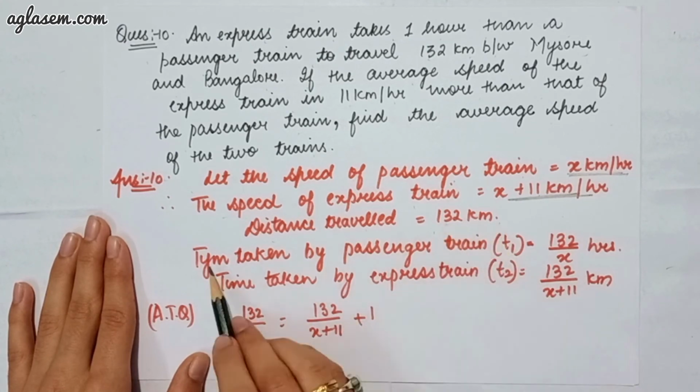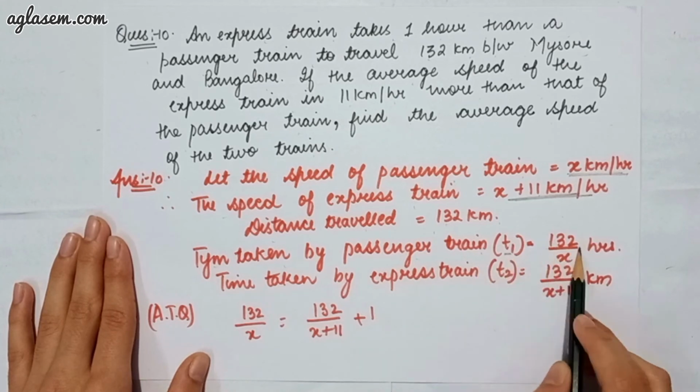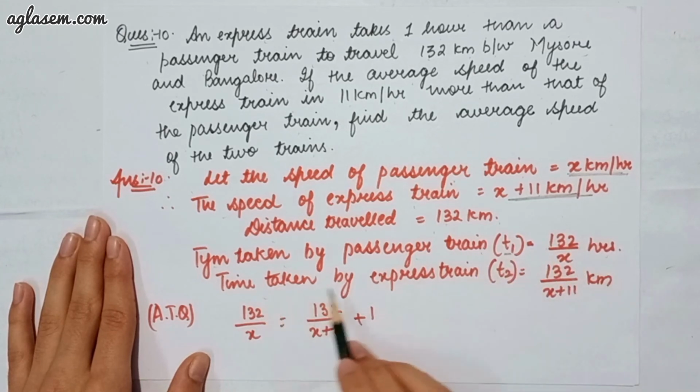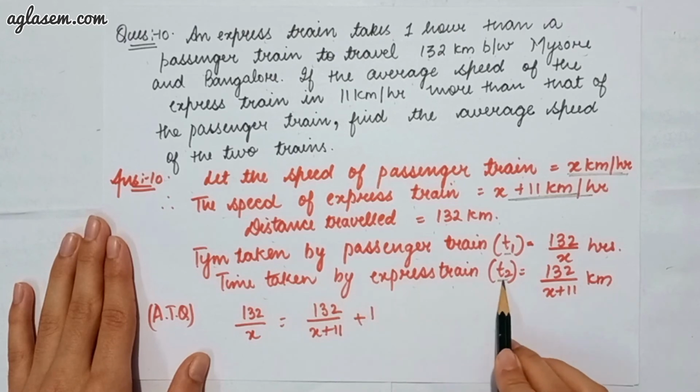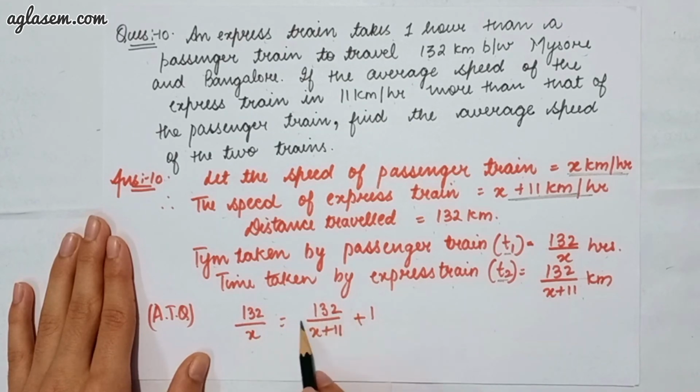So we can find the time taken by the passenger train, that is T1, which is equal to 132 divided by x hours. And the time taken by the express train, that is T2, which is equal to 132 divided by x plus 11. So now 132 divided by x is equal to 132 divided by x plus 11, plus 1.